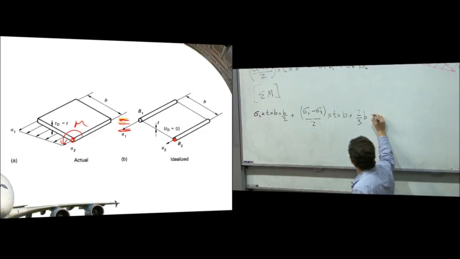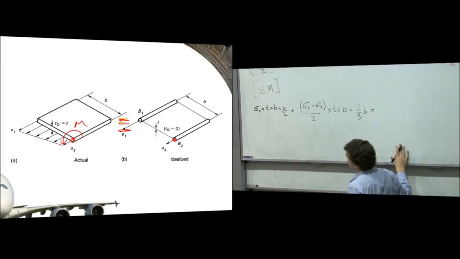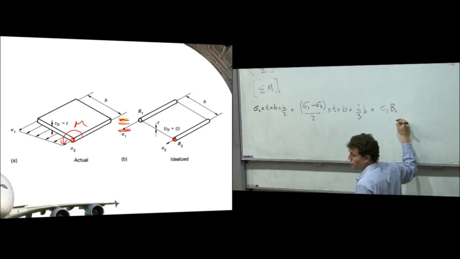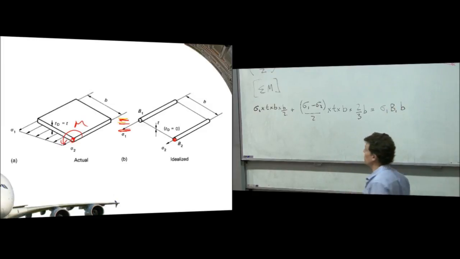Now on the right of this equation, what's the moment we've got there? Sigma 1, B1 gives us a force, times B gives us a moment.